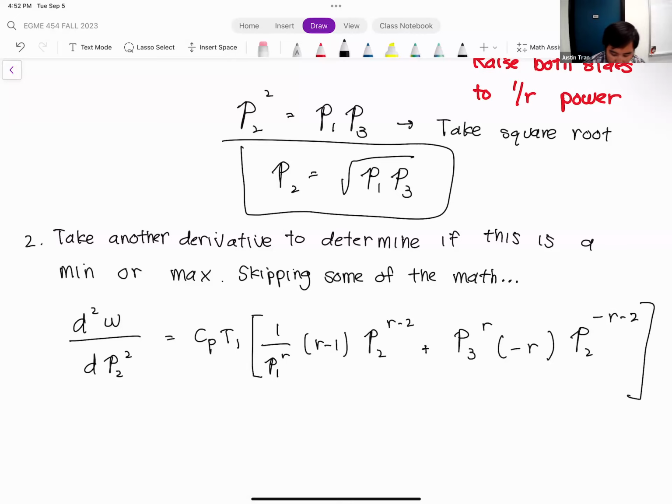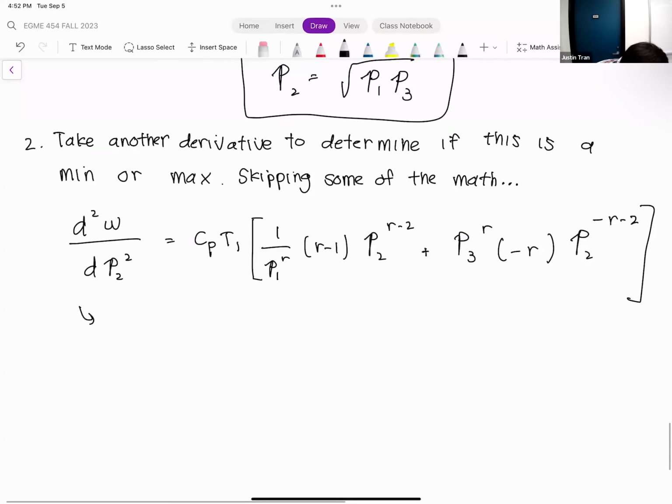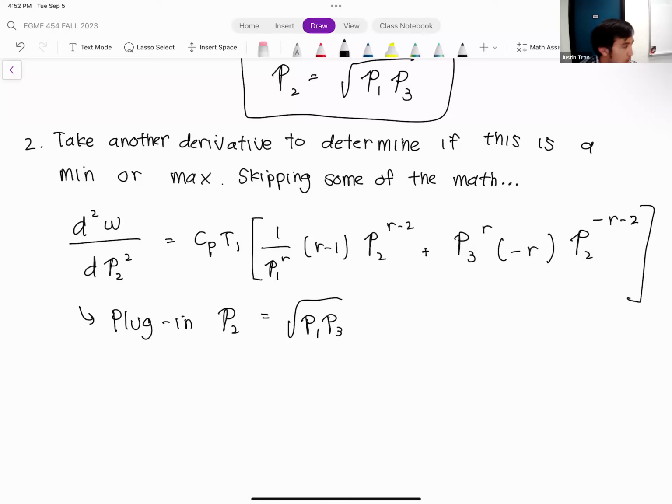But if you take this expression here and plug in P2 equal to the square root of P1 times P3, what you're going to get is a positive number.